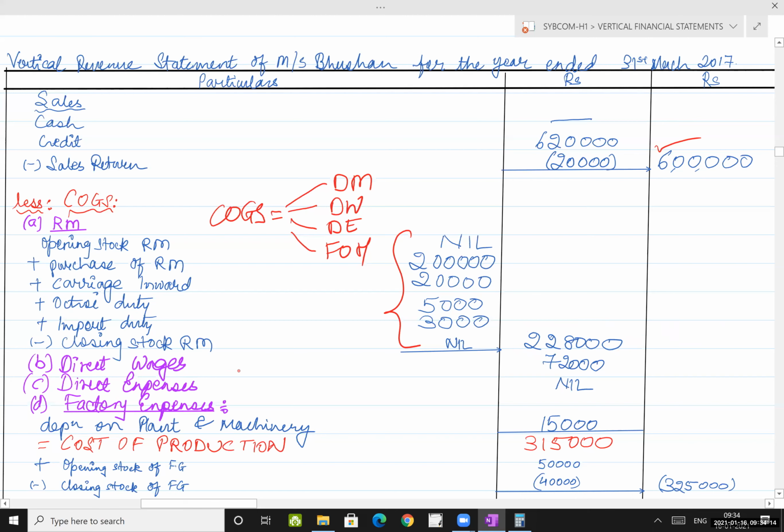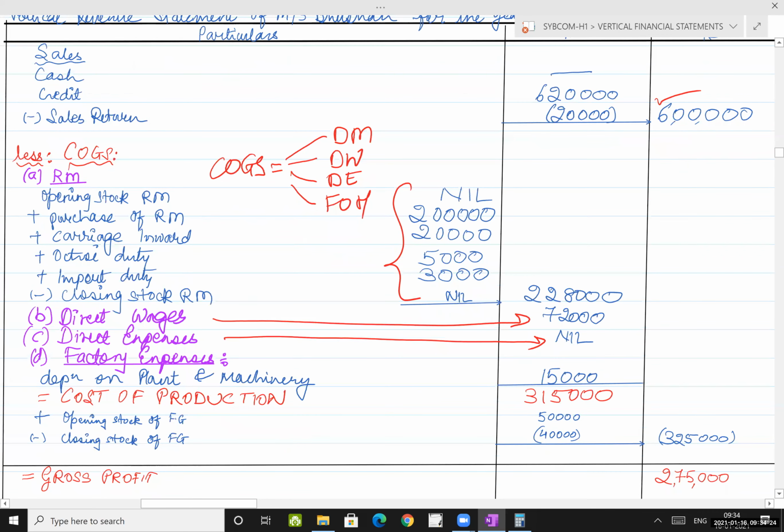Next, direct wages, 72,000. Direct expense, not there. And then factory expense, depreciation on machinery, 15,000. Factory expense is nothing but similar to your factory overheads of cost sheet. Yeah.